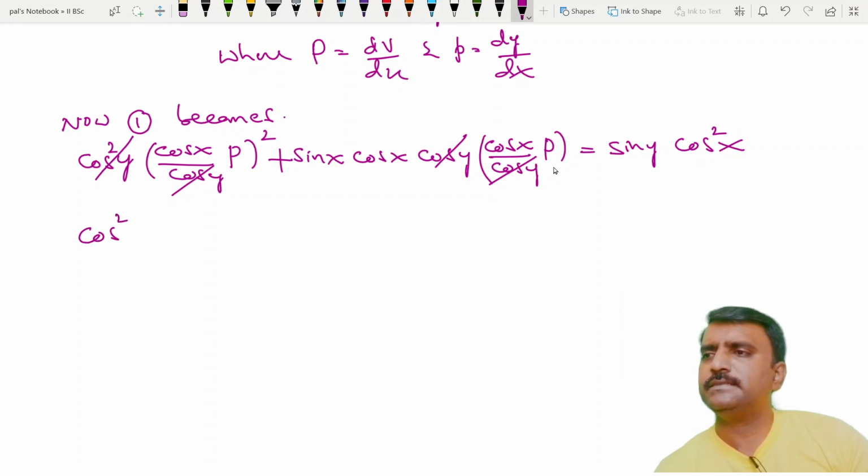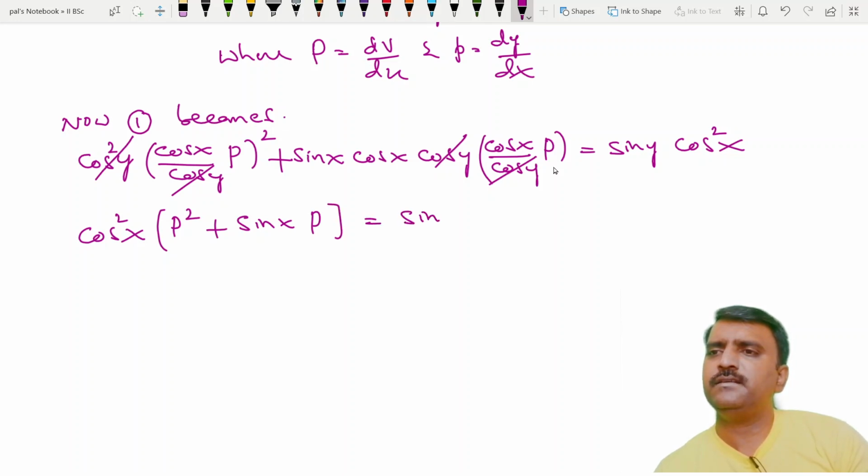If you take cos square x as a common factor, remaining here is p square plus, you see this cos x cancels here. Remaining here is sin x into this capital P, which is equal to, in the right hand side, sin y into cos square x. On both sides we can cancel this cos square x.